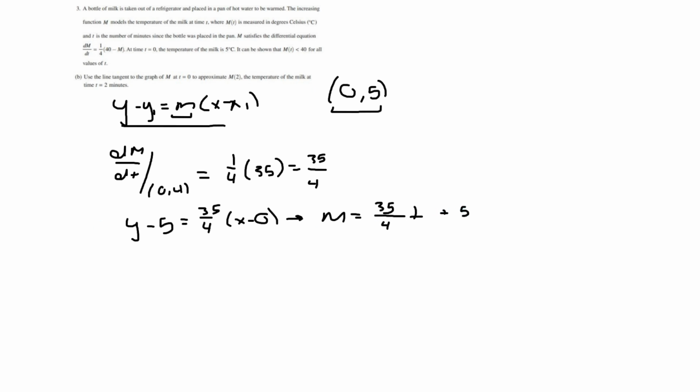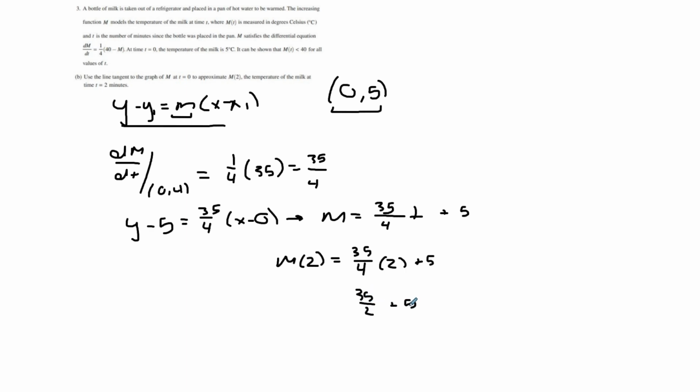Okay, and so we then have to use this to evaluate our point m of 2. So we're basically just plugging in 2 for t. So m of 2 equals 35/4 times 2 plus 5. So we'd get 35/2 plus 5.